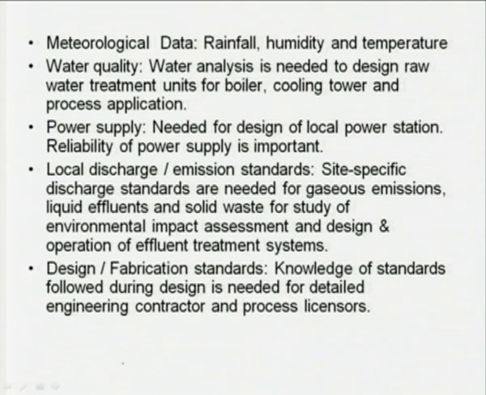Site specific standards are needed for the gaseous emissions, liquid effluent and solid waste, for the study of environmental impact assessment and design and operation of the effluent treatment system. Then we also need to know the design and fabrication standards. Knowledge of the standards followed during design is needed by the detailed engineering contractor and process licensor.